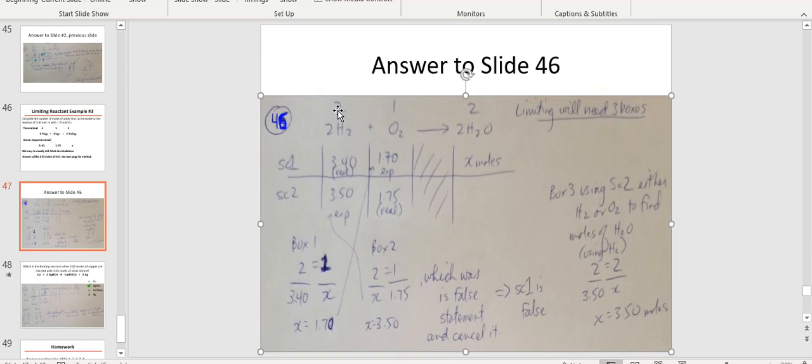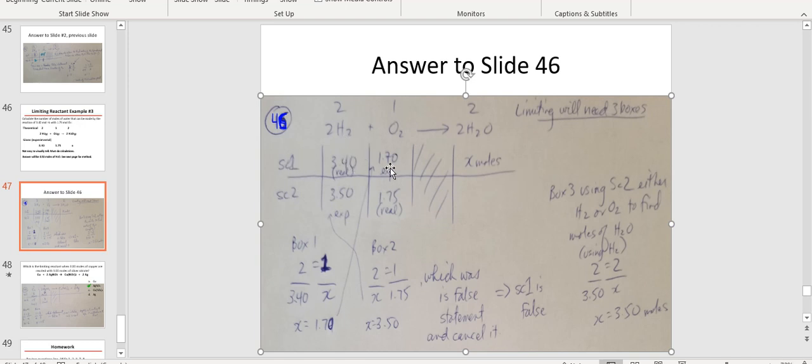There's your box, and you'll do another box, and you'll find there that experimentally, if this is going to go to 0, I need 3.5 moles of this. Do I actually have 3.5 moles? No, I only have 3.4 moles. So that means that this one here is bogus. Okay, we've done 2 boxes. This one here is bogus. This is the one we are going to move forward with.